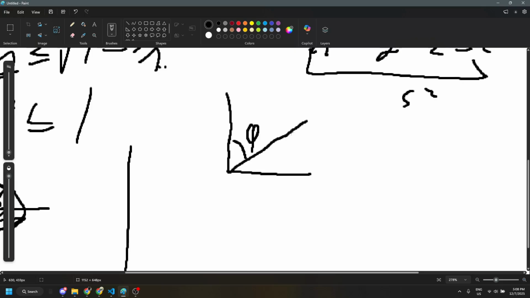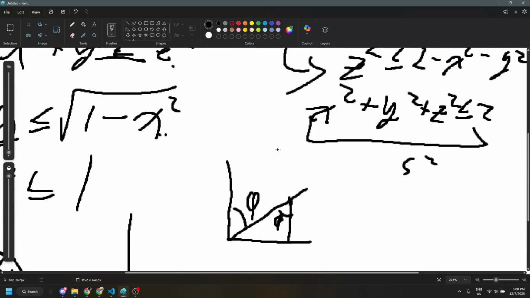So it'd be rho times opposite over adjacent, so sine of phi.